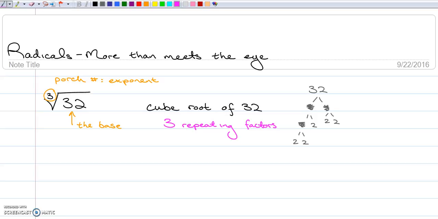We've got to have 3 people in the car this time if we're going to leave out of the house. So all 3 of these are tied together. The answer for the cube root of 32 is that I have a group of 2's that left the house, but I had 2 left over.